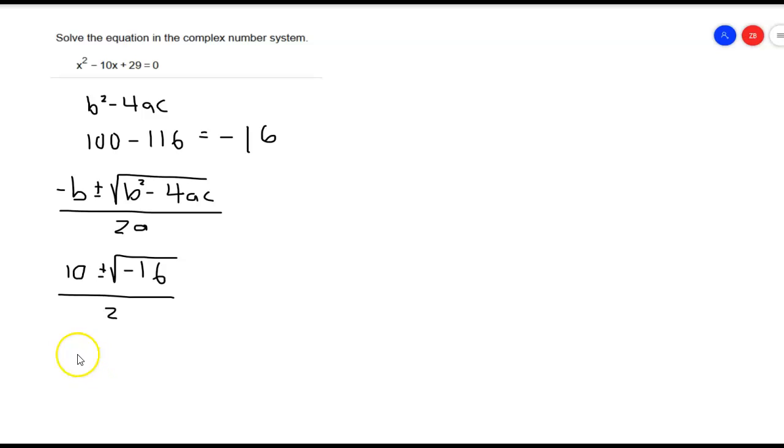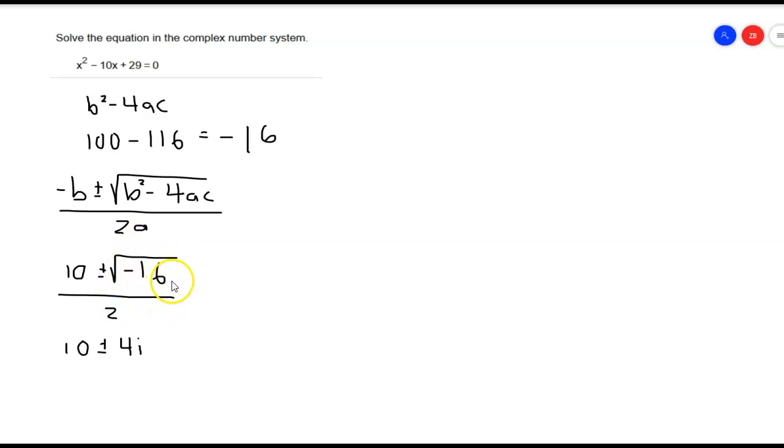So then we're going to just work this out. This is going to be 10 plus or minus, and the square root of negative 16, we can write that as 4i. We looked at previous videos on how to do that.